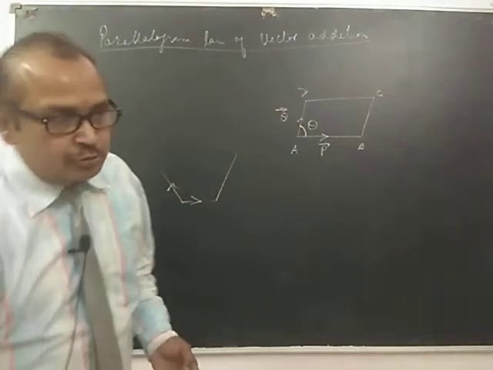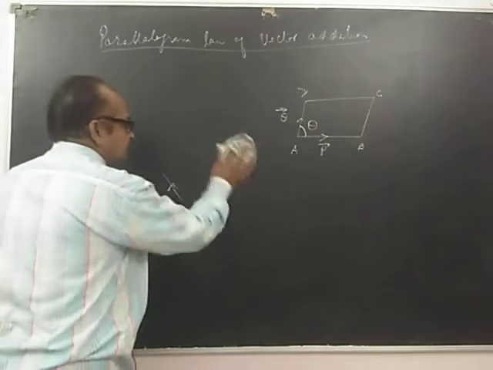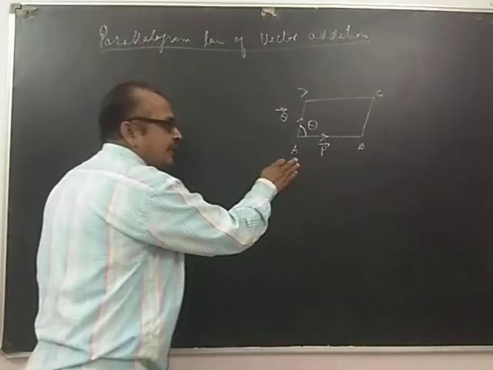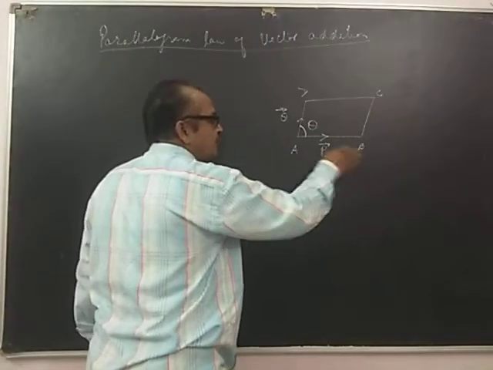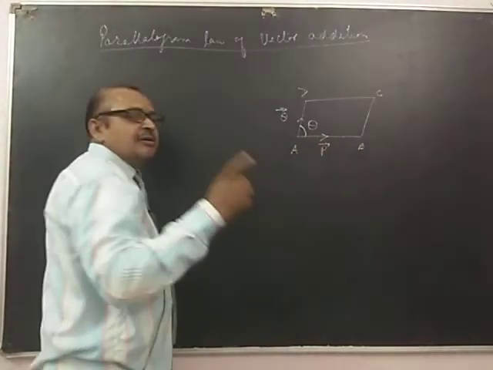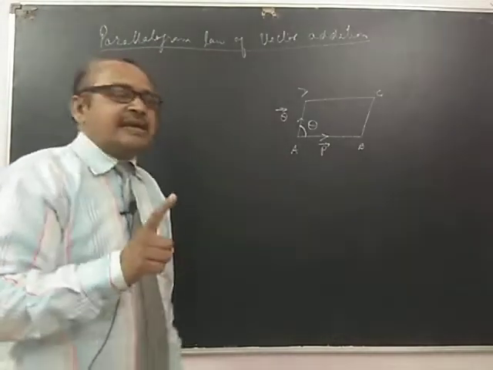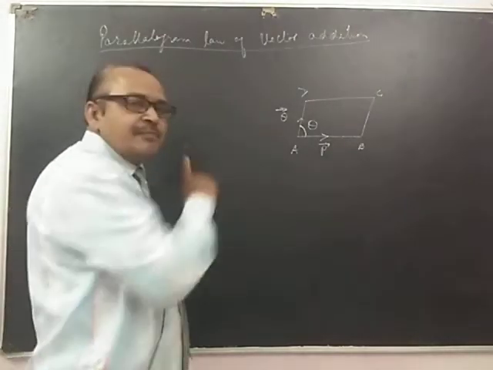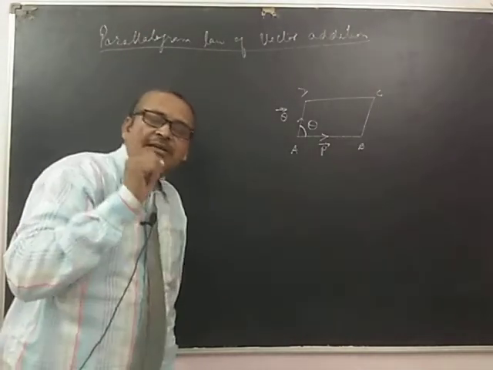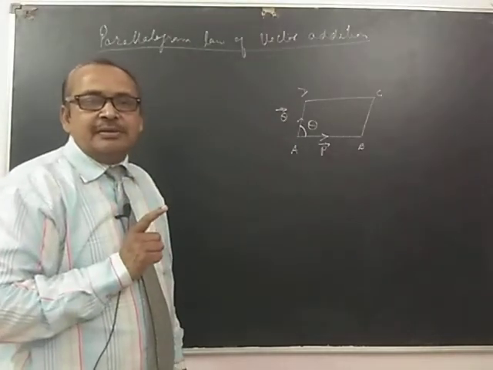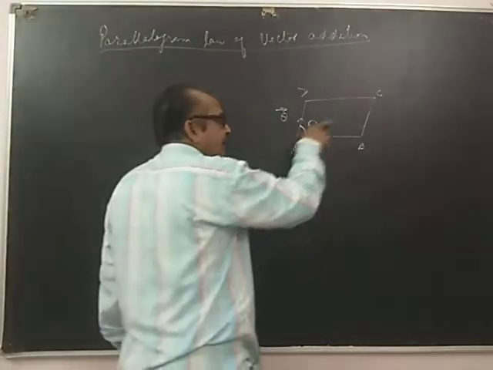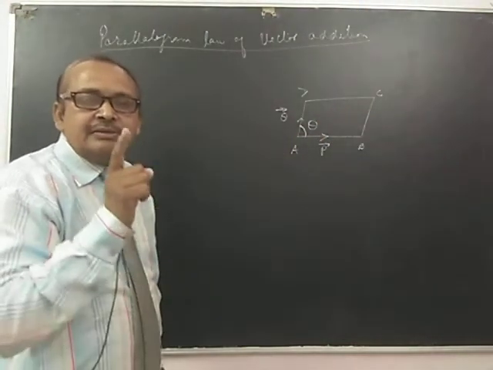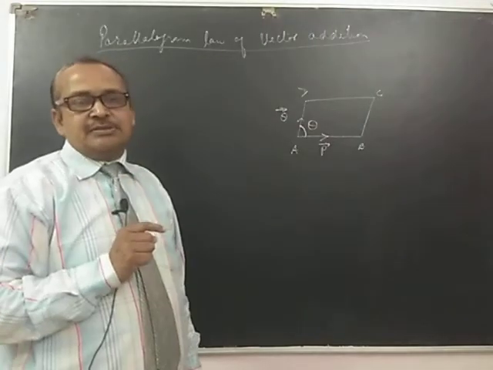So according to the parallelogram law of vector addition, if two vectors are represented in magnitude and direction by the two adjacent sides of a parallelogram taken in order, then their resultant is given by the diagonal joining those sides.